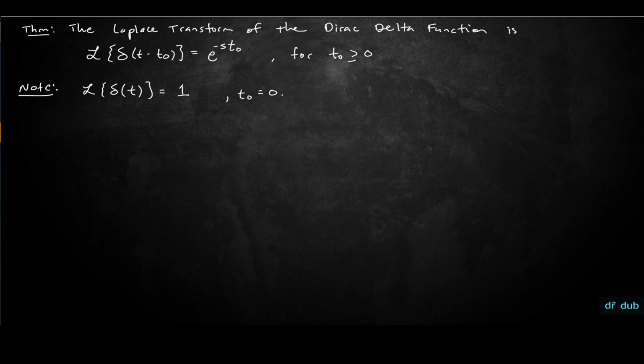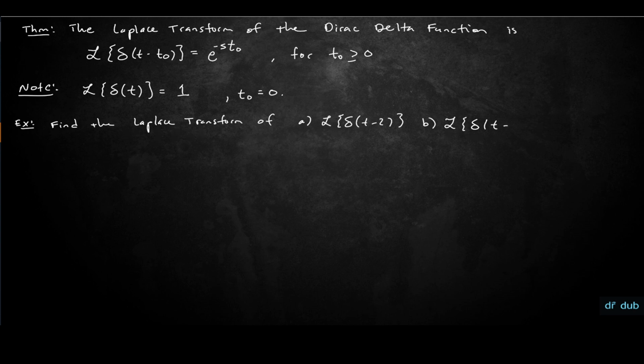Examples. Find the Laplace transform of the first one, delta(t - 2), and the second one, delta(t - 4 pi).